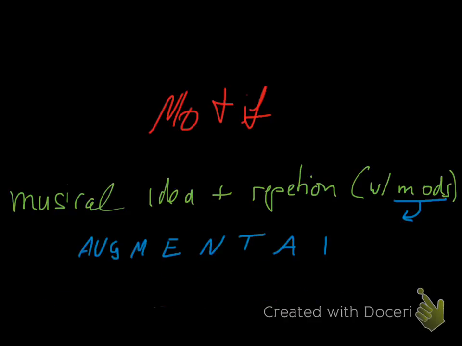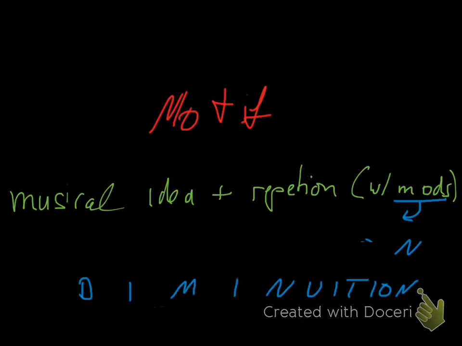Furthermore, you can have the augmentation, as you can see, which proportionally elongates the values of notes and rests, and diminution, which is the opposite of the augmentation, of course.